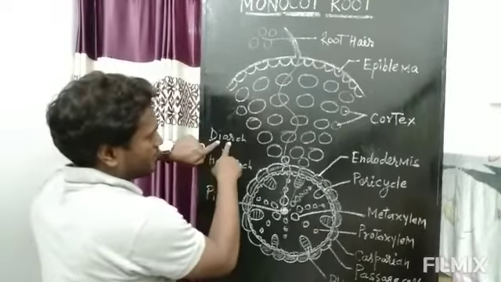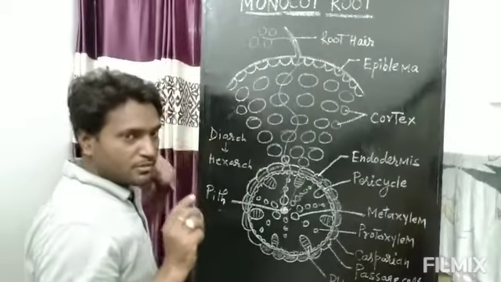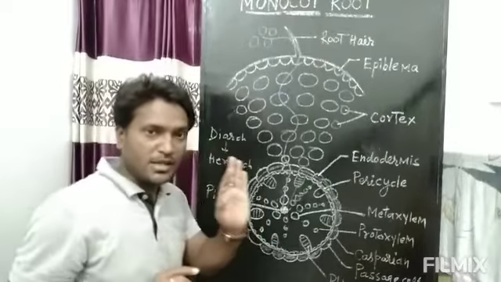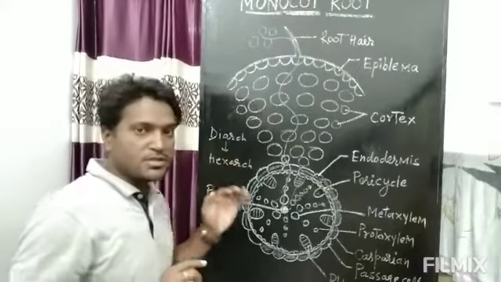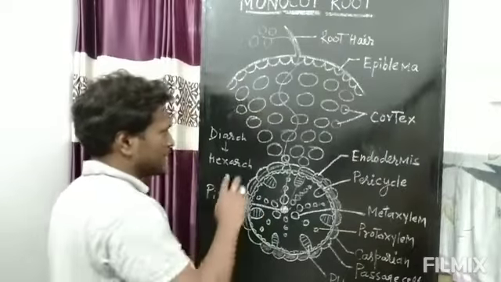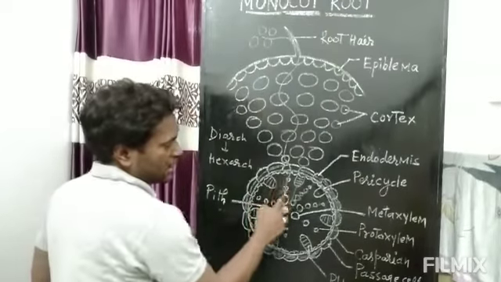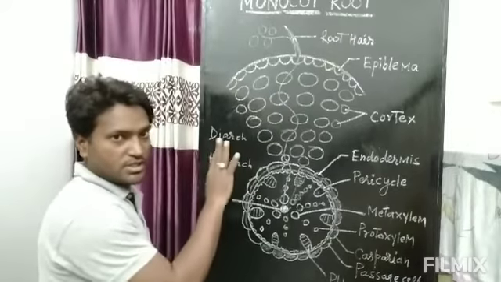Diarch means 2 bundles of xylem and 2 bundles of phloem. Triarch means 3 bundles of xylem and 3 bundles of phloem. In the same way, hexarch means 6 bundles of xylem and 6 bundles of phloem. It means in dicot, number of xylem and phloem bundles will be from 2 to 6, not more than 6.